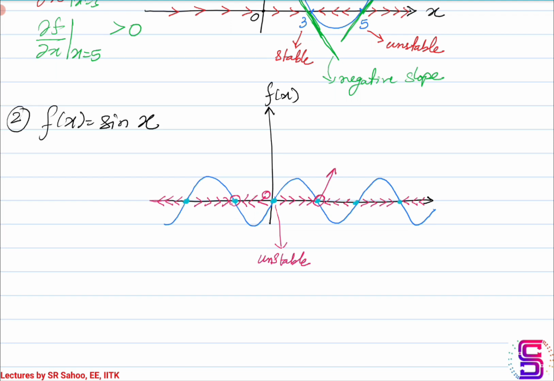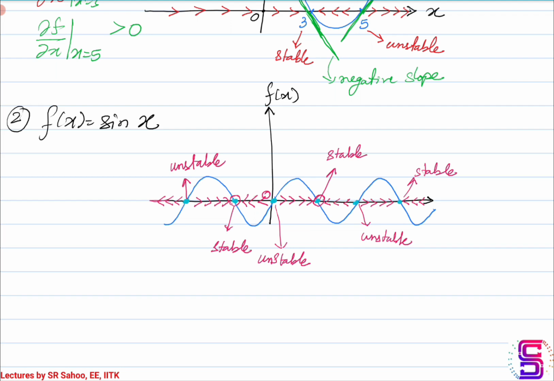This equilibrium point would be stable. This is unstable. This is stable. Similarly, this point here is stable, and this point here is unstable.